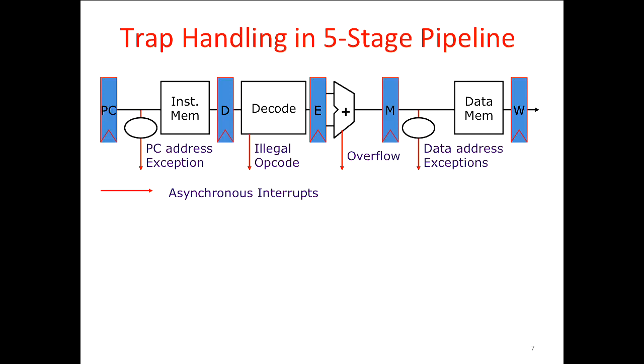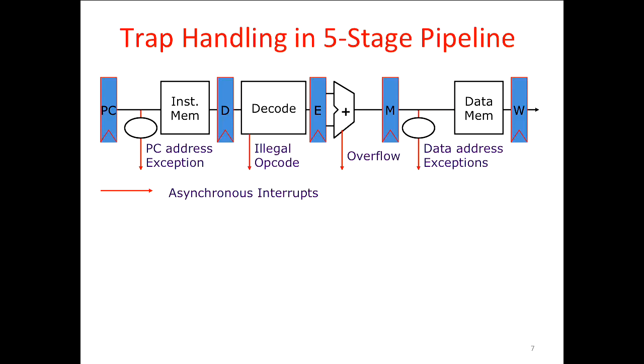And then going down the pipeline even further, say this was a load instruction, you calculate the load address, and then you check that load address, you might find out this is an illegal address. It may be a misaligned address for a load word, for example. That's illegal. So you want to raise a data address exception. So each of the different phases of execution of the instruction can generate different kinds of exceptions about that instruction that's going through the pipeline.